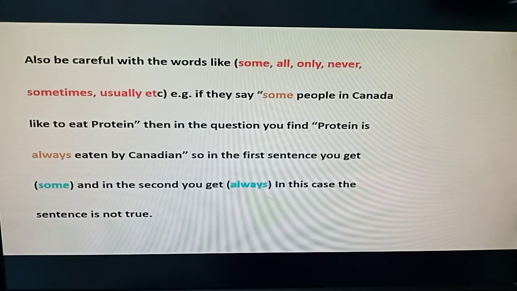Also be careful with words like some, all, only, never, sometimes, usually. These words might change the answer.